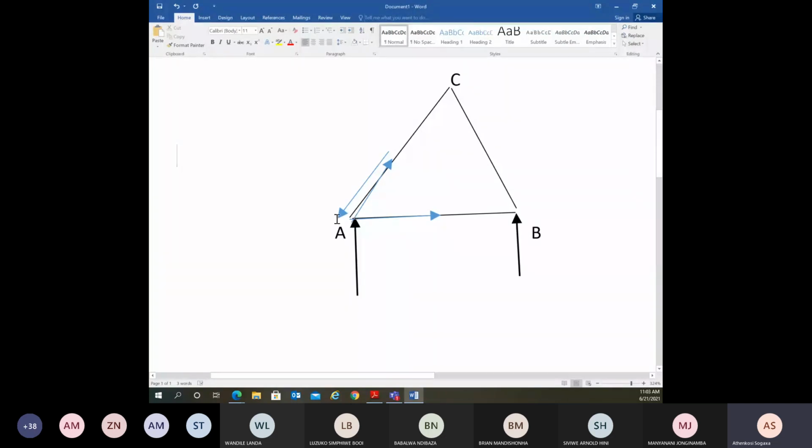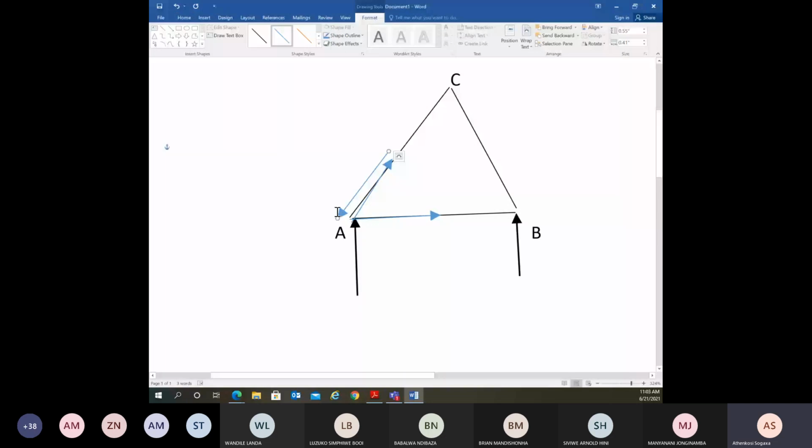When you calculate and find that the direction goes towards A, it's in compression. If you find it goes away from point A, it's in tension, in each of the points that you're resolving.